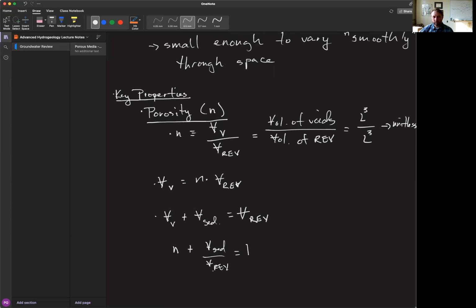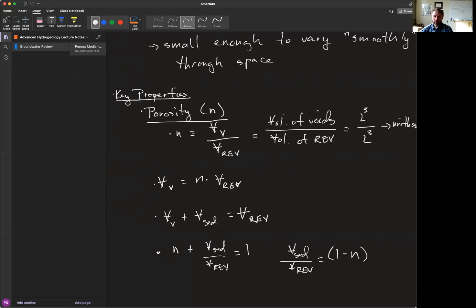And that basically says the volume of the sediment is the opposite of the porosity. V sed over V REV is equal to 1 minus N. All right, so anytime I want to know how much of the REV is taken up by the sediment, I just go 1 minus the porosity.